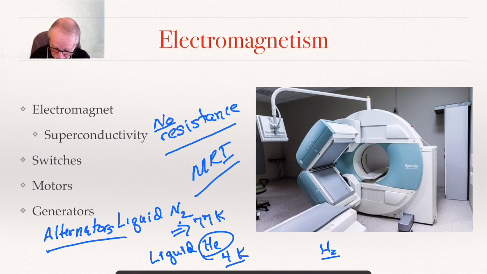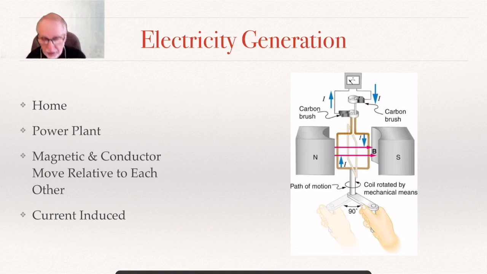So, in the basic process of electricity generation, this in fact is how electricity is generated in power plants: coal-burning power plants, nuclear power plants, wind turbine generated power, hydroelectric power generated by water flow. There's some mechanical process.